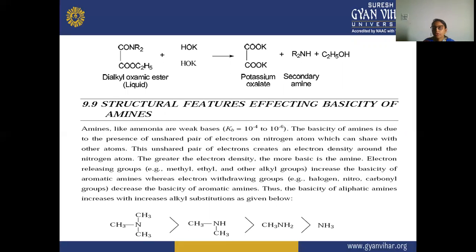If an electron withdrawing group withdraws electrons from the nitrogen, then it decreases the basicity of the nitrogen atom, as in the aromatic amines. That is why the basicity of aliphatic amines increases with the electron releasing groups attached to the nitrogen atom.